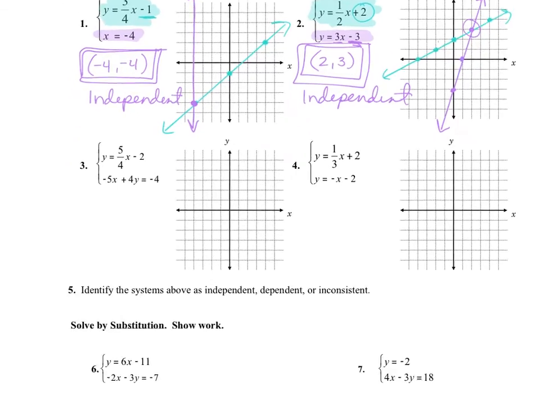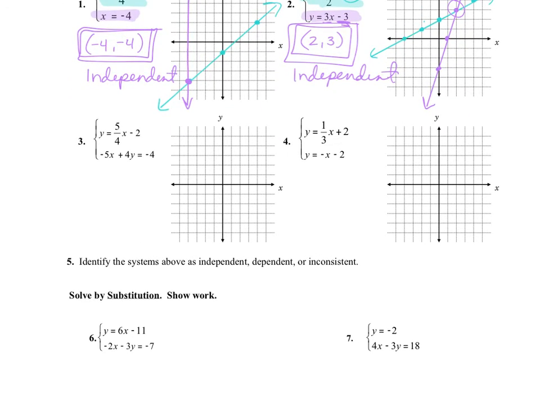All right, number 3. We have y equals 5/4 x minus 2 and -5x plus 4y equals -4. So for that one, I'm just going to rearrange this one right now. This is in slope-intercept already. We would like this one in slope-intercept. And you could do standard form, but you're going to get a harder number to work with in terms of making your graph look perfect.